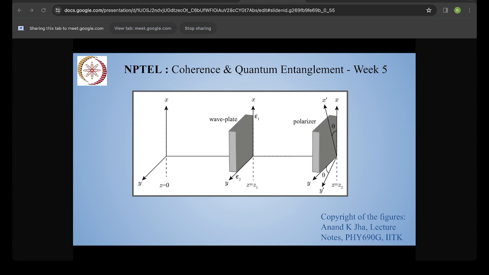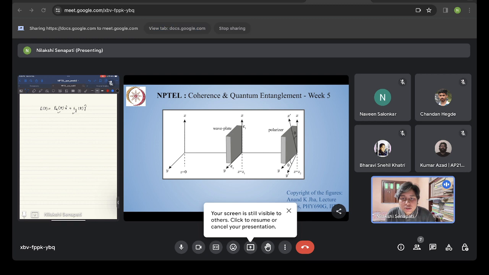Our motive is to know how the electric field vibrations in these two directions are correlated. At z equal to z1, right after passing through the wave plate, the field will become E(t, z1) equal to Ex(t, z1) x cap plus Ey(t, z1) y cap.